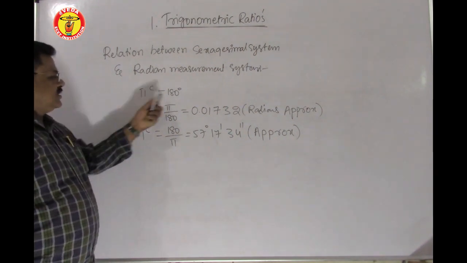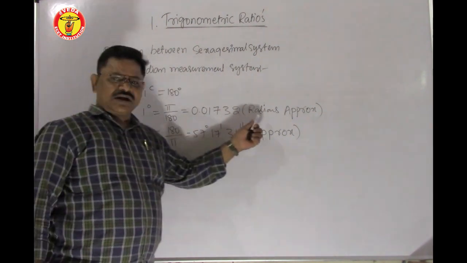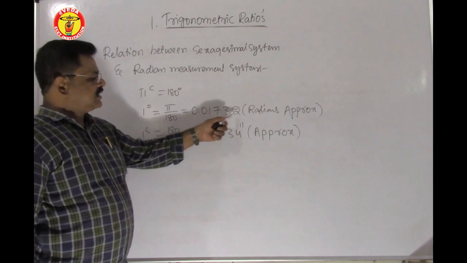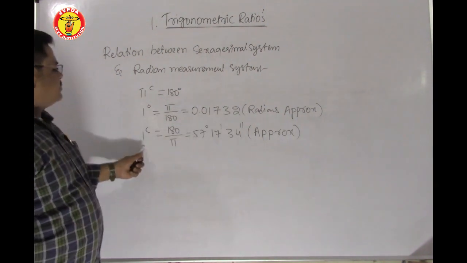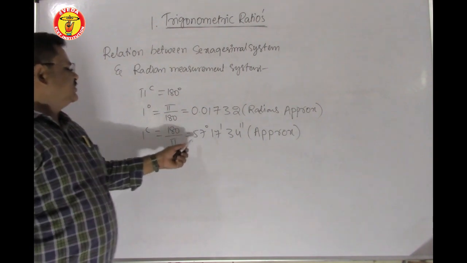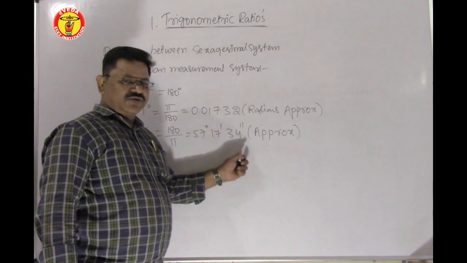Pi radians is equal to 180 degrees, and 1 degree in radians we write as 0.01732 radians. Whereas 1 radian's equivalent value, when converted into degrees, we write as 57 degrees 17 minutes 34 seconds.